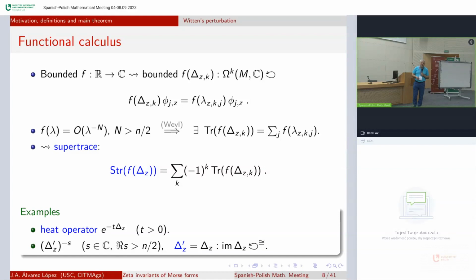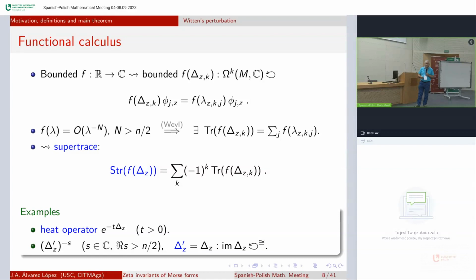And we also have the supertrace, which is the alternating sum of the traces of the function of the Laplacian on each degree. For example, we have the heat operator, which is this function of the Laplacian, here of the twisted Laplacian. And we will use this other operator.